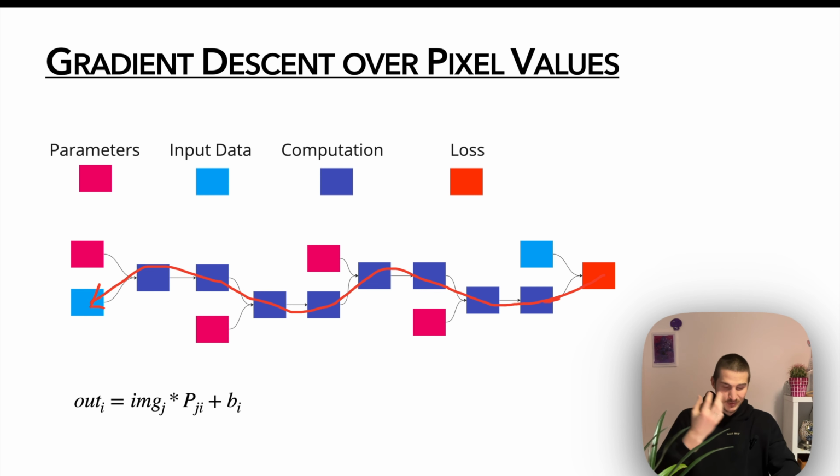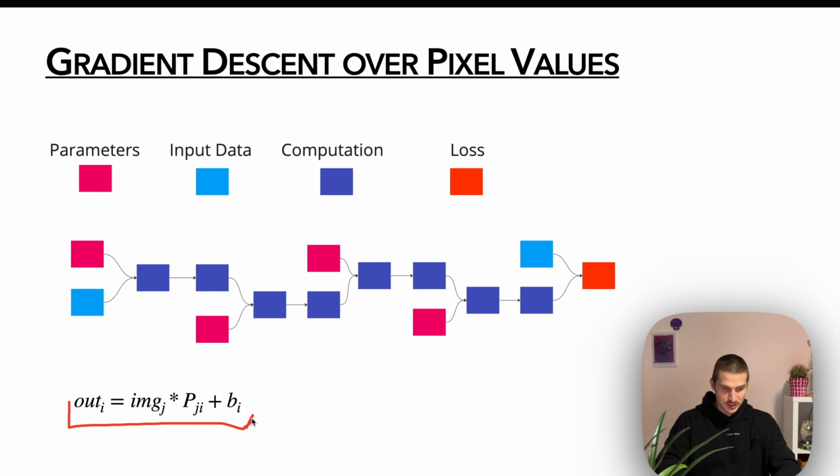And in our case, input data pixel values are, again, just numbers. So there's nothing stopping us from computing the partial derivative of the loss with respect to these numbers, the gradients, and then running the optimization update of these pixel values themselves. And this is how we change our generated picture.